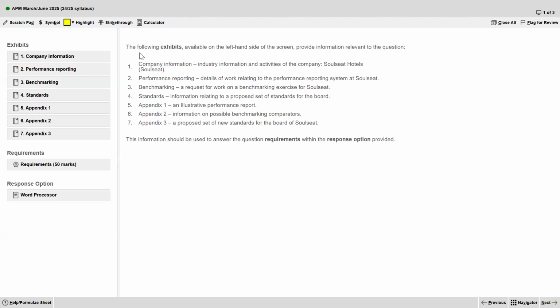And as you could see, this is how the paper appears. It says the following exhibits available on the left-hand side of the screen provide the information relevant to the question.